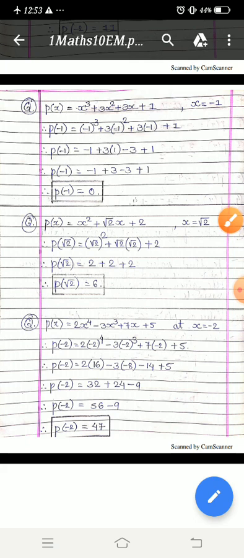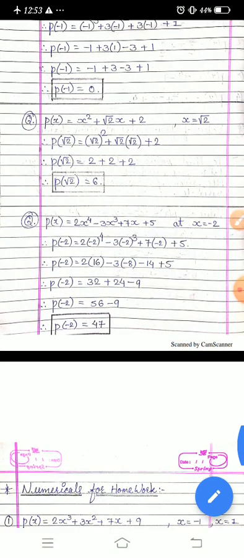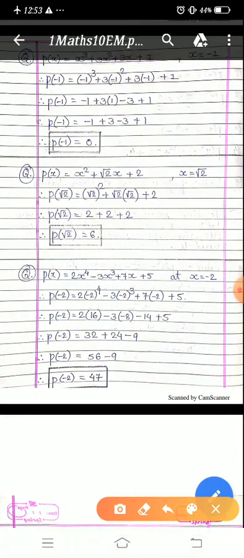Clear? Okay. Now the next question of the same type is p of x equals 2x power 4 minus 3x cube plus 7x plus 5, and we need to find the value of the given polynomial at x equals minus 2.